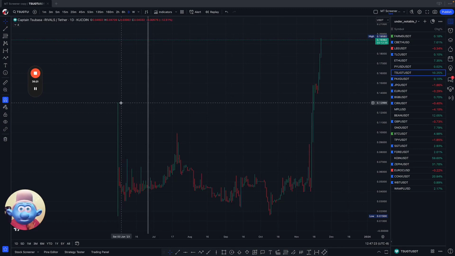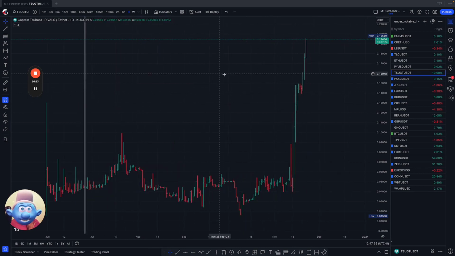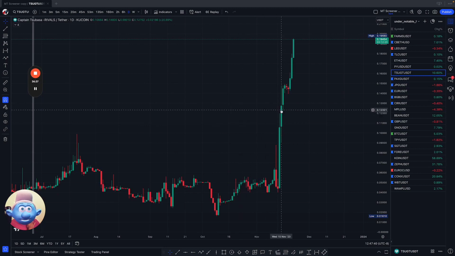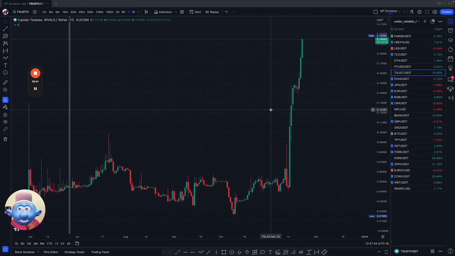A good example of when this would have been the time to look at it is this day right here, these 3 days right there. I'll make it a candle chart so it's a little bit easier. These 3 days would also have been on this same watch list. If we look back in the past, let me do the replay function.